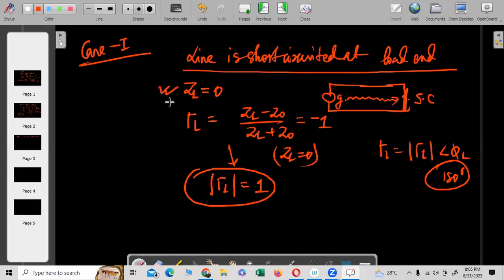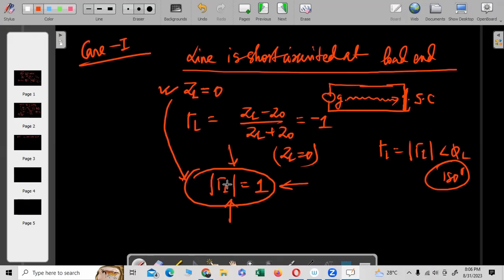So this is your case one. Whatever analysis is there, remember it in the form of the mod of gamma L, which anyhow we are getting as plus 1. If phi L is 0, wouldn't it be the same as transmitted? No. Phi L is 0 means reflection is 0, only then whatever is going goes to the transmitting end with no reflection.